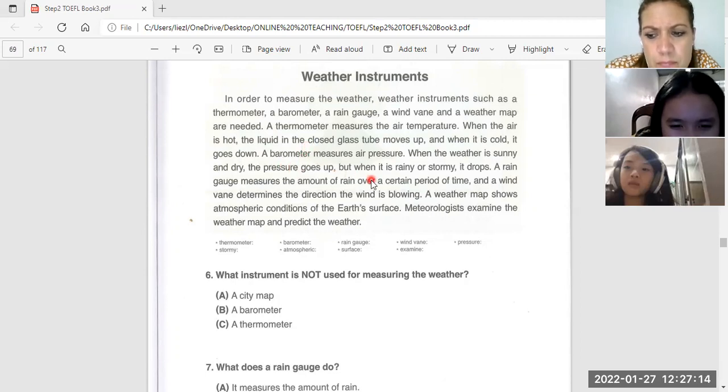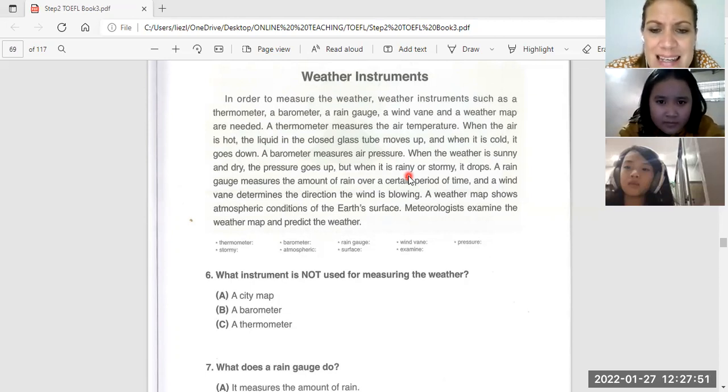But when it is rainy or stormy, it drops. No, that's not rain. Rainy. You have to read properly to the end. Don't be lazy. When it is rainy, you are saying "when it rain".